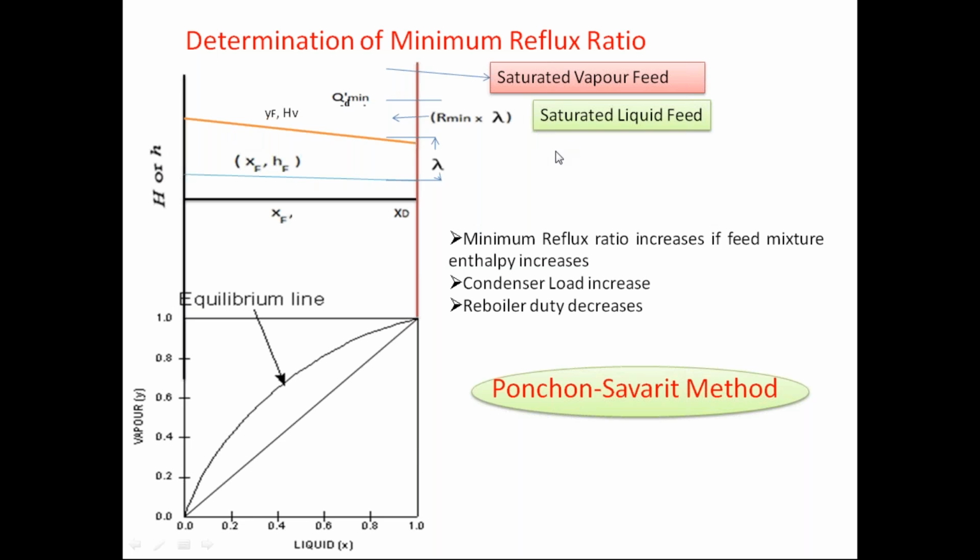So these two lines are there. In any method, first you have to find out the minimum reflux ratio. Even though I explained it in the last class, let us see it here also.